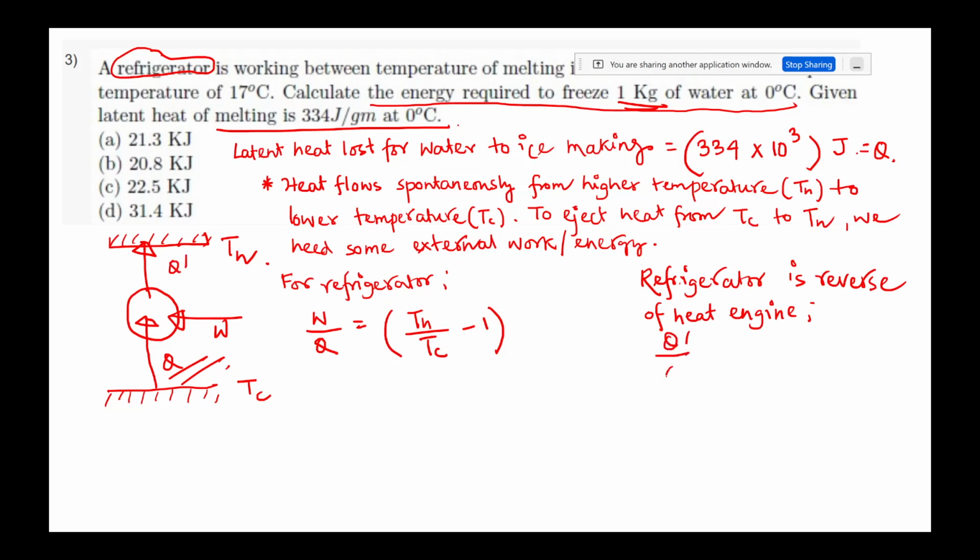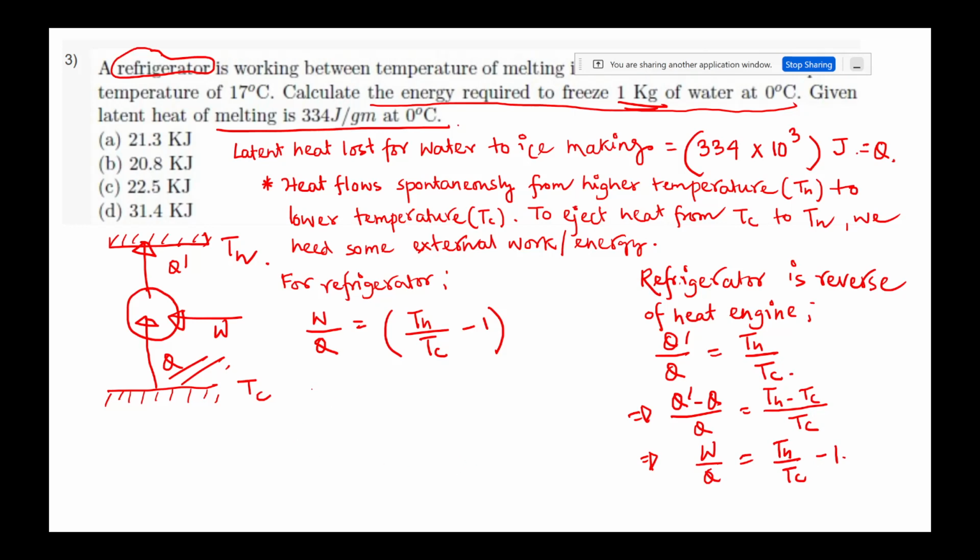Q prime by Q is Th by Tc. Now if you do Q prime minus Q, then it becomes Th minus Tc by Tc, right? And Q prime minus Q is W. So W by Q is Th by Tc minus 1.